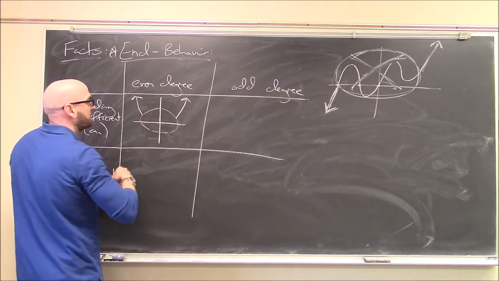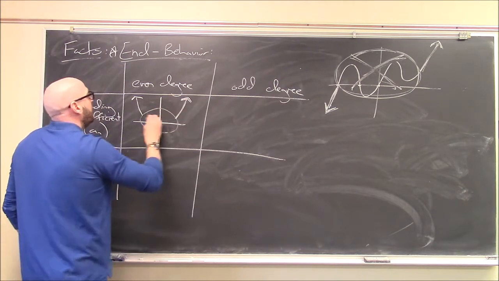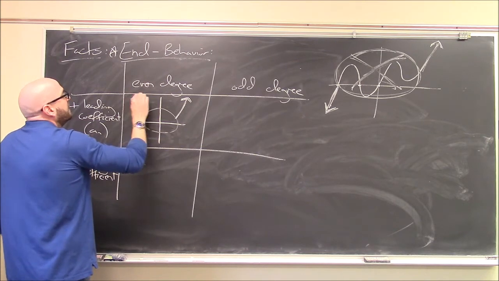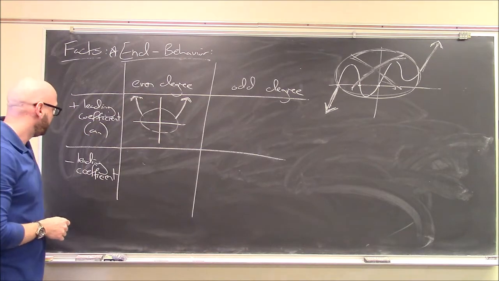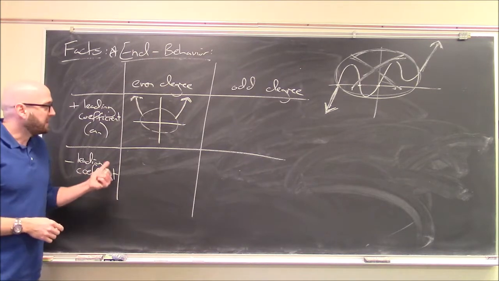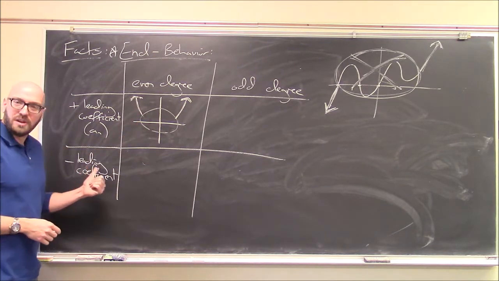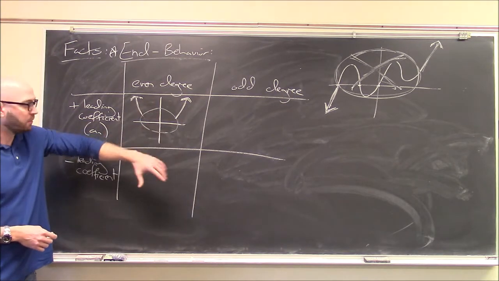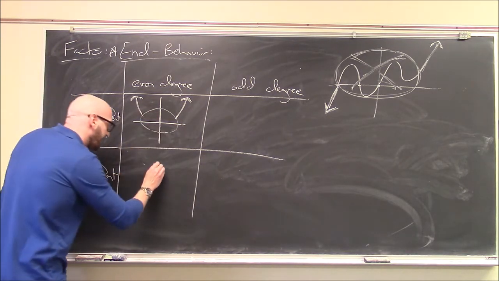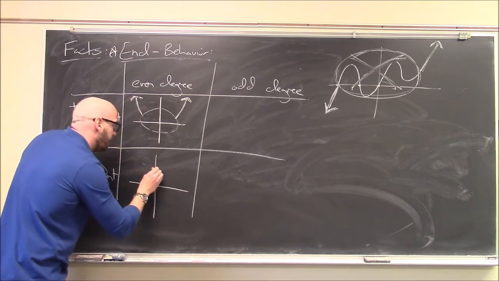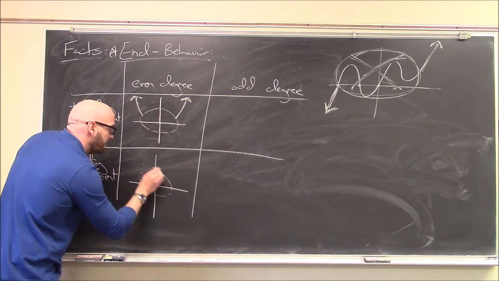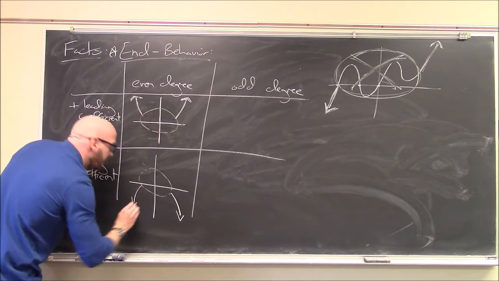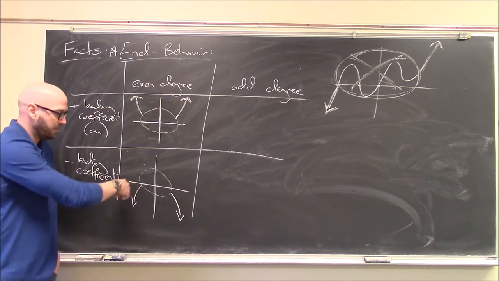As x gets larger in this direction, it blows up, and as x gets larger in the negative direction, it also blows up in the positive direction. For a negative leading coefficient, think of multiplying this whole thing by -1. That just flips the entire graph, reflecting it through the x-axis. That's one of the transformations we know. So again, forgetting about what happens in here, if we reflect it, it eventually decreases forever in both directions.